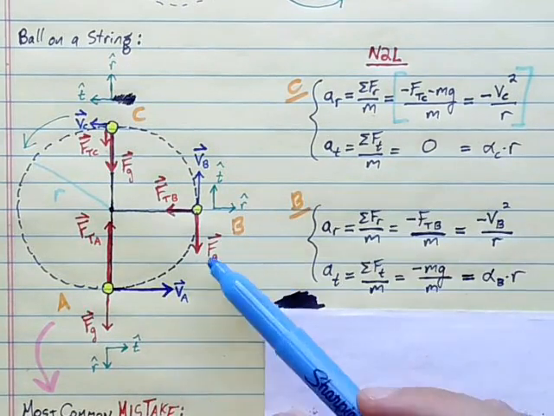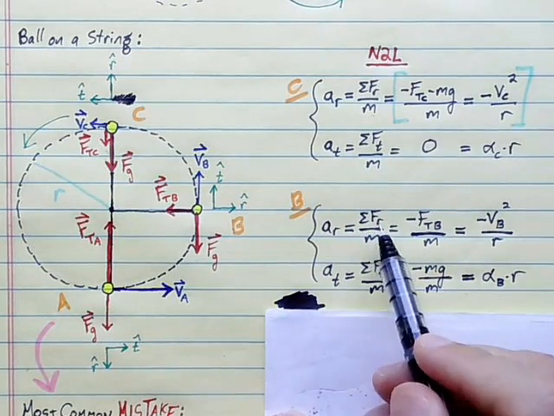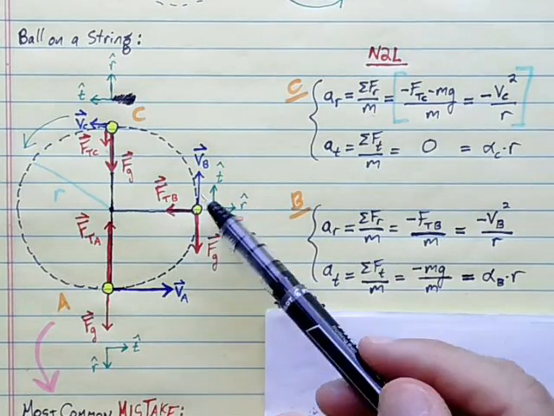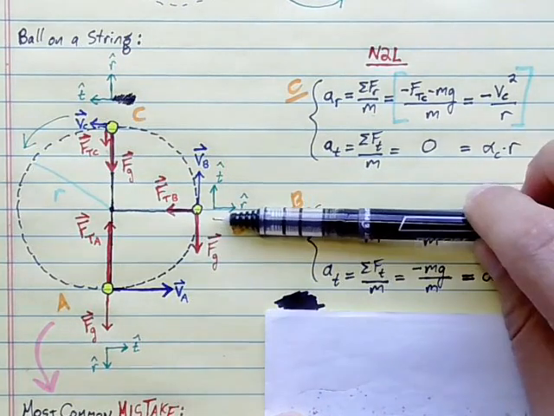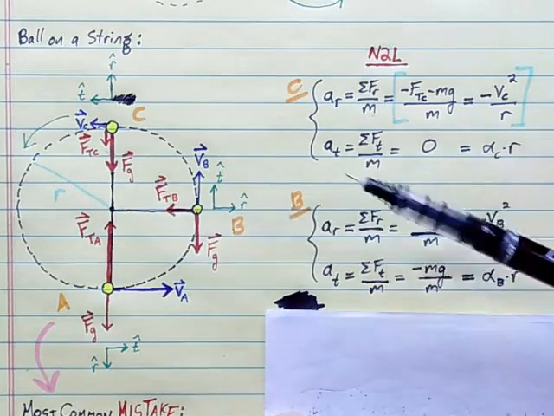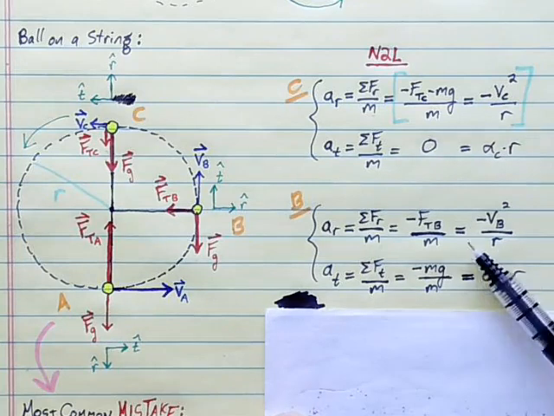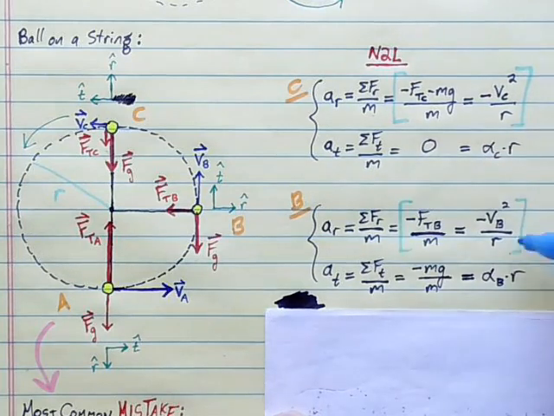B at the side here, once again, state radial acceleration equals net force in the radial direction over the mass. Then check for our radial forces here. We have only tension pointing in the negative radial direction in toward the center. So minus F_TB over m, and set that equal to minus v squared over r. And then this typically becomes the equation that you're working with as you try to proceed to solve for something of interest.